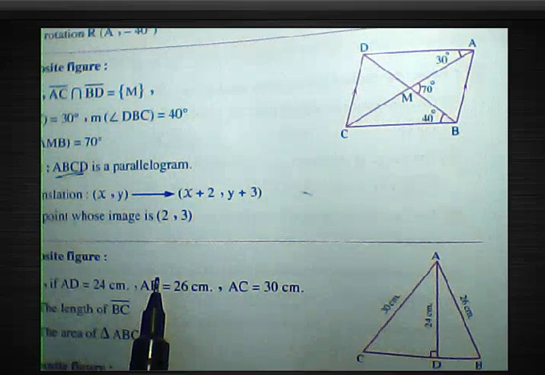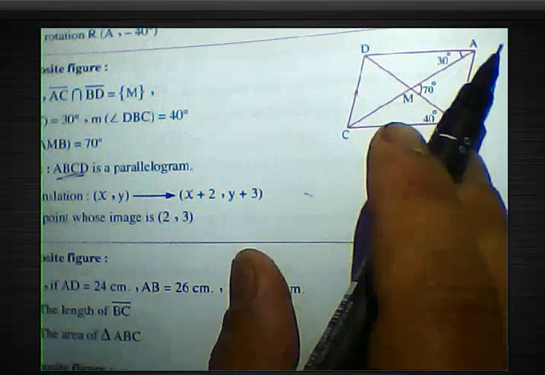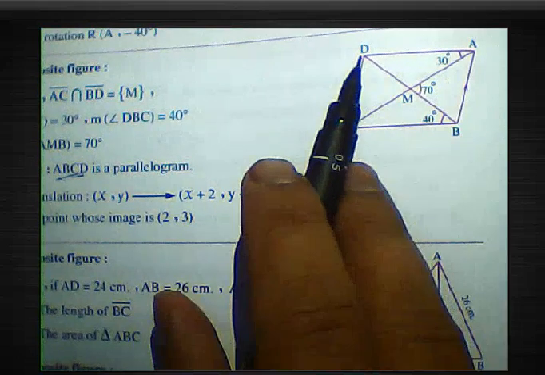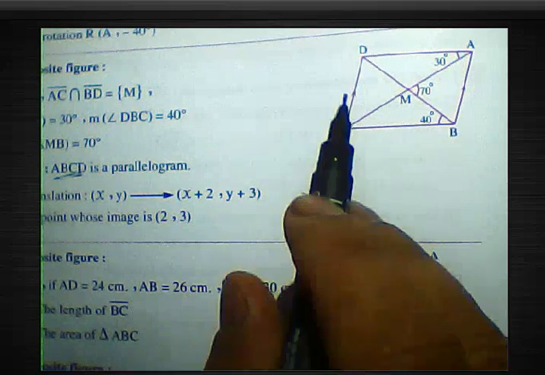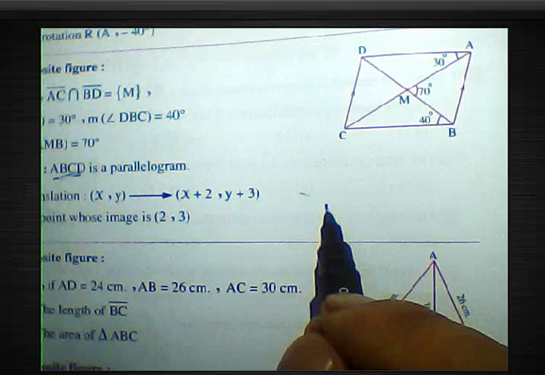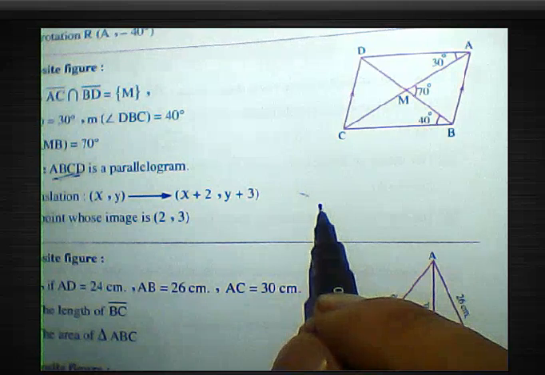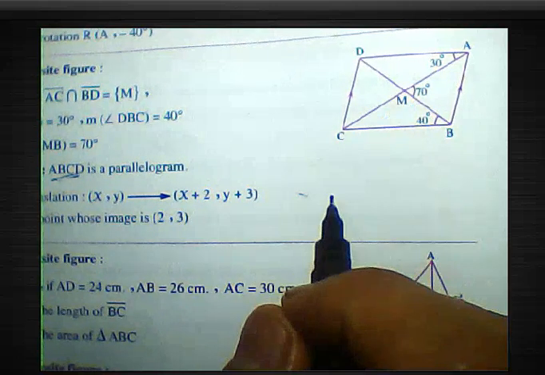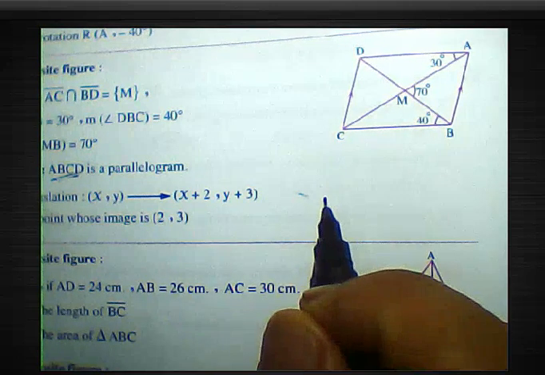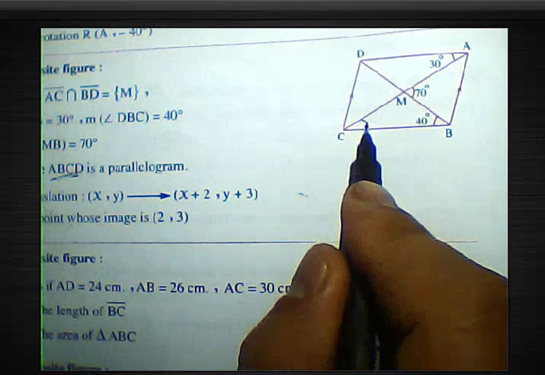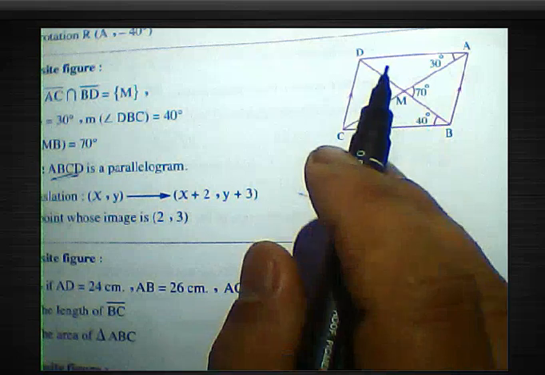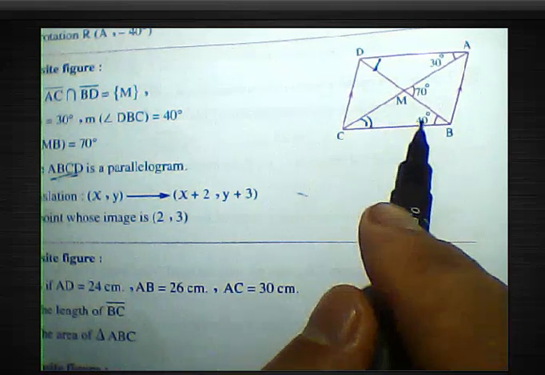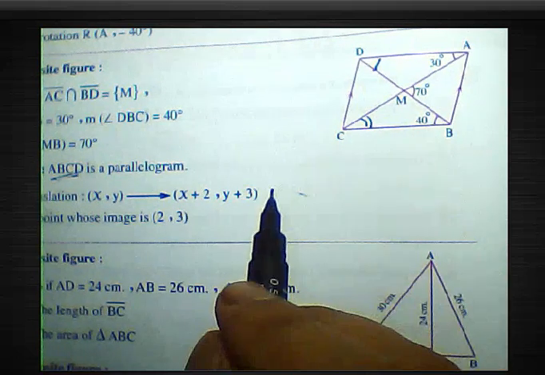Who can tell me? We have two sides parallel. If you prove that the other two opposite sides, DA and CB, are parallel, then this figure will be a parallelogram. Okay, we can find the measure of angle C here, or the measure of angle D equal to the measure of angle B here.